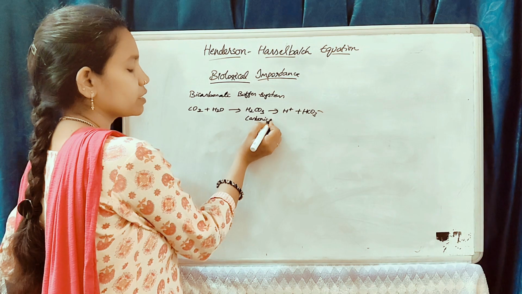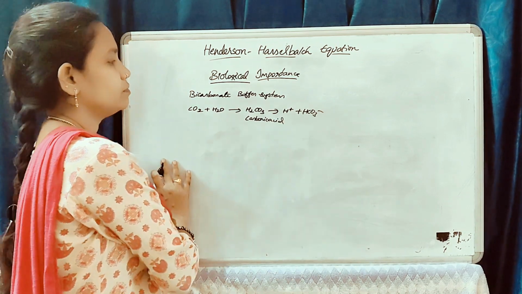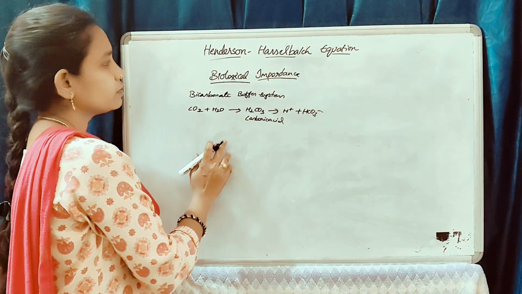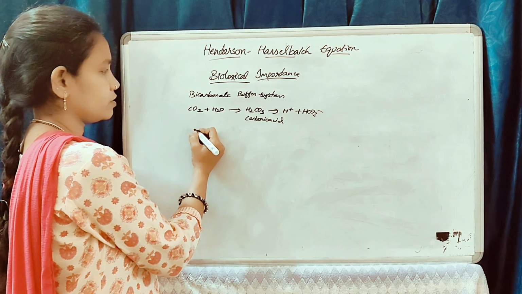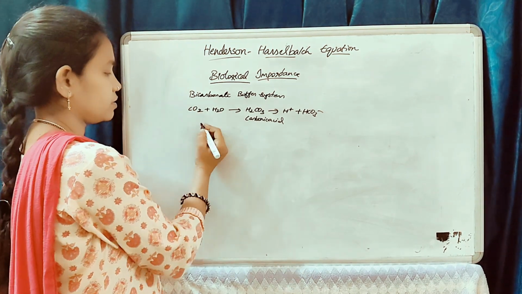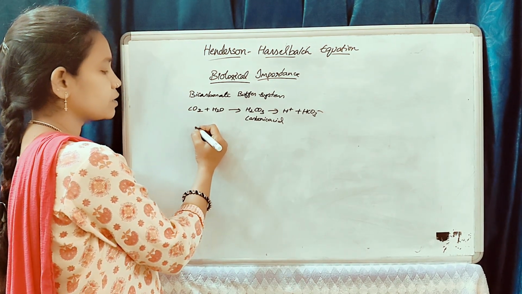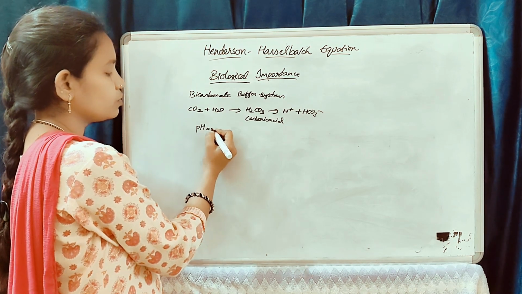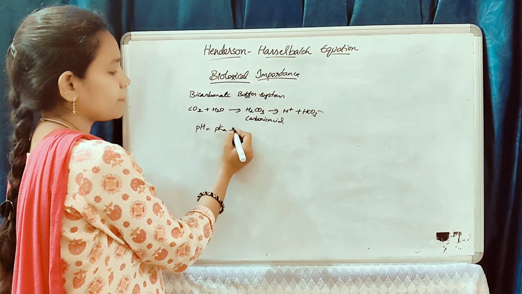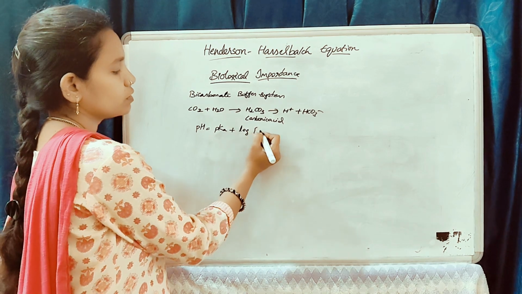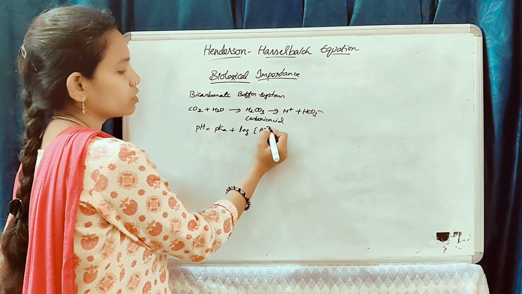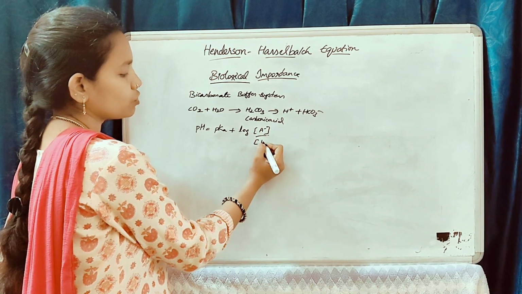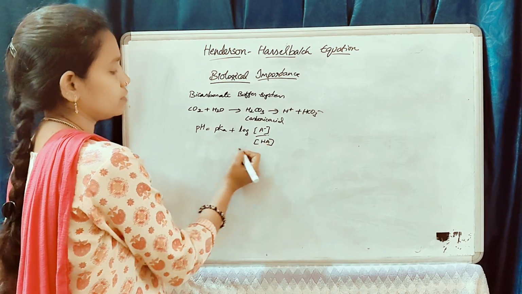H2CO3 is carbonic acid. Now applying the Henderson-Hasselbalch equation to the bicarbonate buffer system: what is the Henderson-Hasselbalch equation? pH is equal to pKa plus log of the concentration of conjugate base by the concentration of weak acid, right?